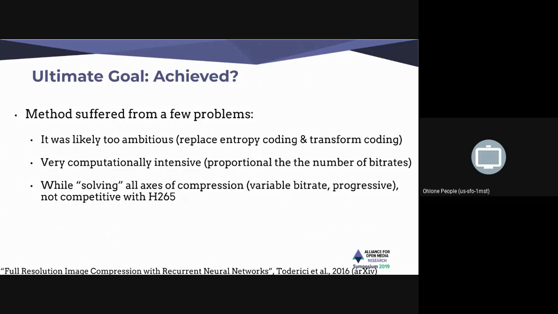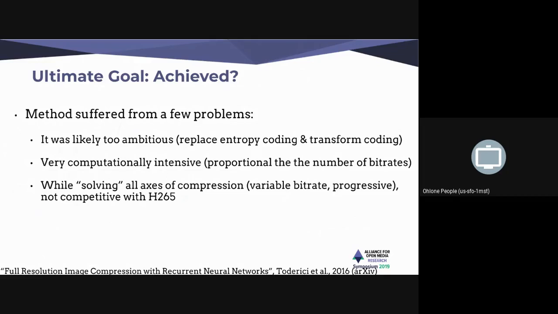As I said, it was trying to replace arithmetic encoding. It was trying to replace the transforms. It was trying to replace everything with a very elegant framework, which would consist simply of recurrent units. But it turns out it was probably too computationally expensive to be applicable in practice.